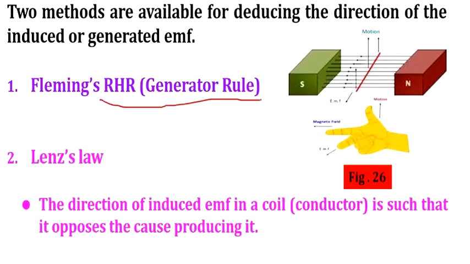I already told you that. Generator rule, Fleming's right-hand rule: in your right hand, if you keep these three fingers perpendicular to each other, the thumb indicates the motion, the forefinger indicates the magnetic field direction, and the second finger indicates the EMF.